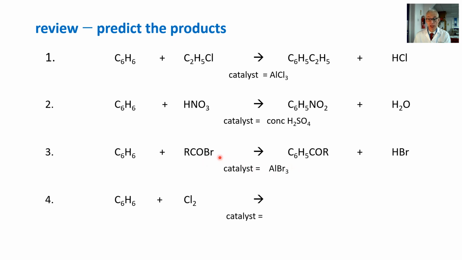If we're starting with acyl bromide, then the catalyst is aluminium tribromide or iron tribromide. The fourth, this is halogenation. We're substituting a chlorine into the benzene ring. Hydrogen chloride is the waste product. The catalyst, either iron 3 chloride or aluminium 3 chloride.